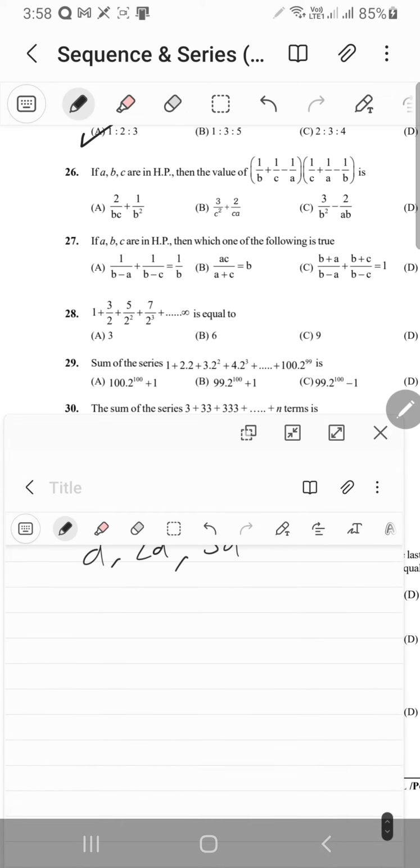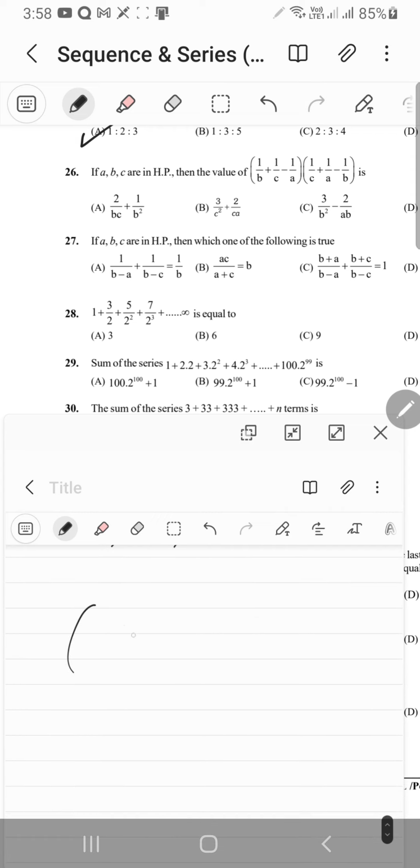First, you want to exclude A. Instead of writing 1 upon A, 1 upon B, 1 upon C everywhere, I will use capital A, capital B, capital C to denote them. So you are basically asking what is B plus capital C minus A and C plus A minus B.